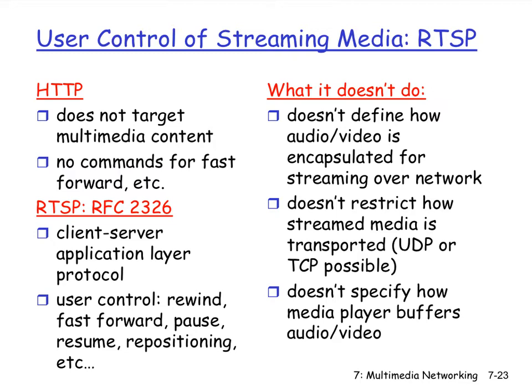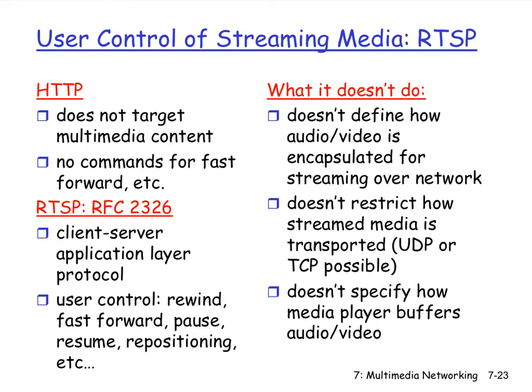So RTSP is the way to go. What it doesn't do is define how the audio and video is encapsulated. It's not a data plane. It doesn't deal with the data itself. It facilitates only interaction between the client and the server.